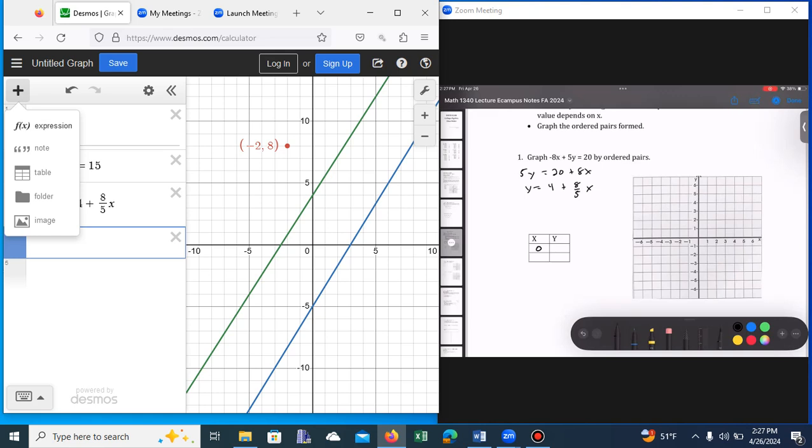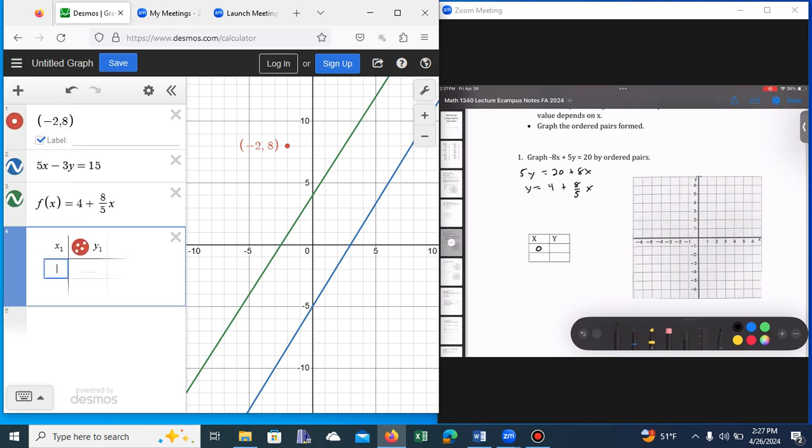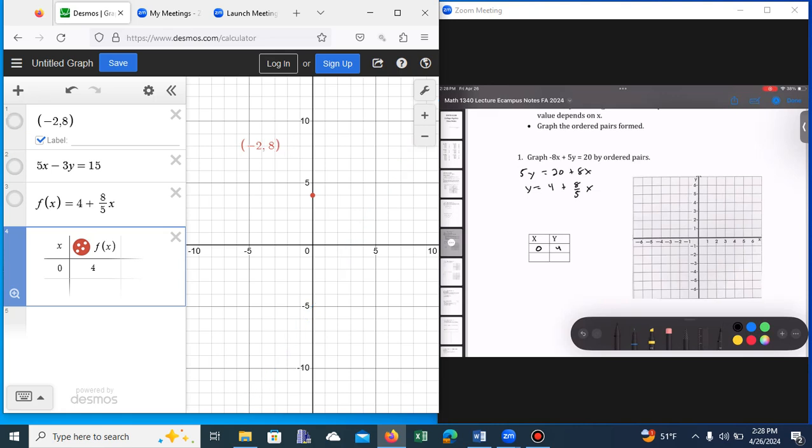We can create a table: x, f of x, and then we can plug in values. 0, we get 4. I'm going to turn off the graph. 0, we get 4. Plug in 5, we get 12.